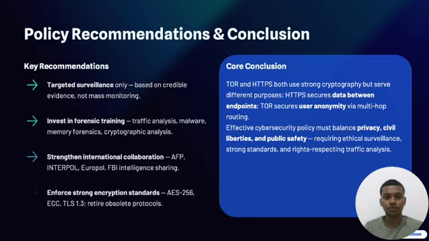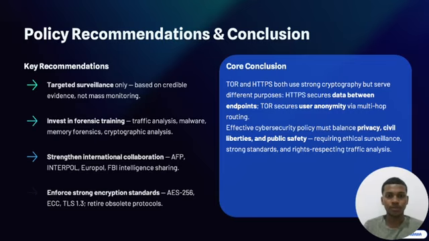To conclude, Tor and HTTPS both rely on modern cryptography but serve different purposes. HTTPS protects the confidentiality and integrity of data exchanged between identifiable endpoints. Tor extends protection by concealing user identity and routing information through multi-hop anonymous routing.